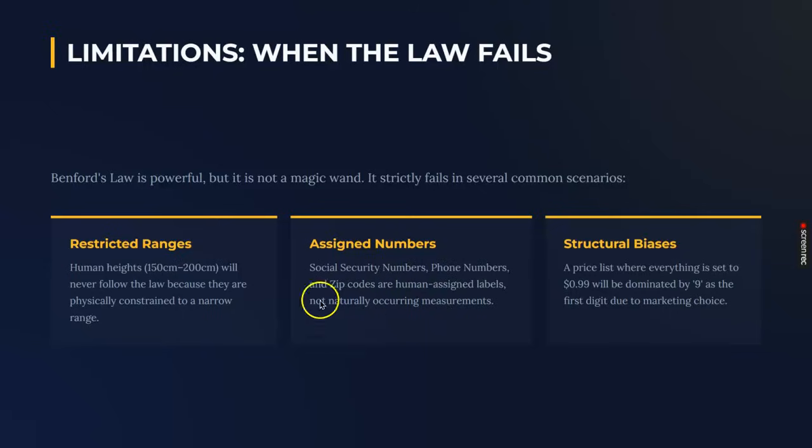Aside from that, numbers like zip codes, which are like the postcodes in America, or social security numbers, are assigned, so they aren't naturally occurring and therefore wouldn't follow Benford's law. And also structural biases. You might see something in a shop where the pattern is like 4.99, 5.99, or whatever.